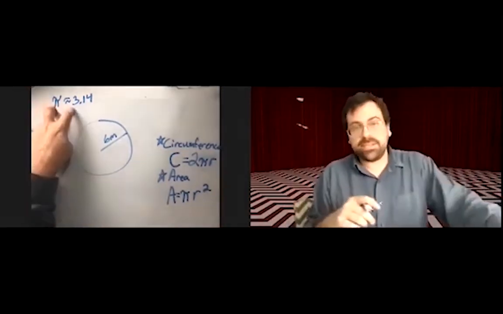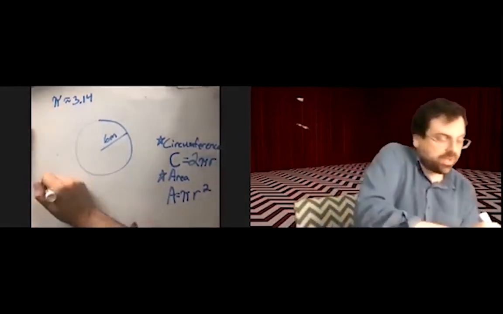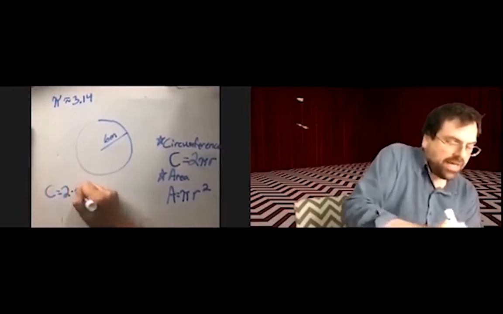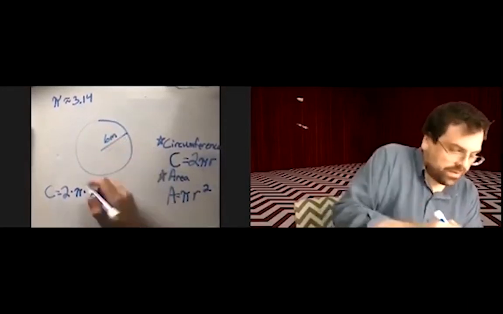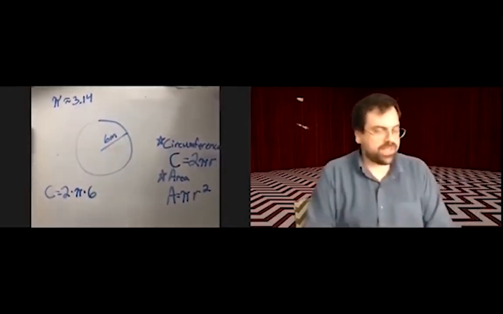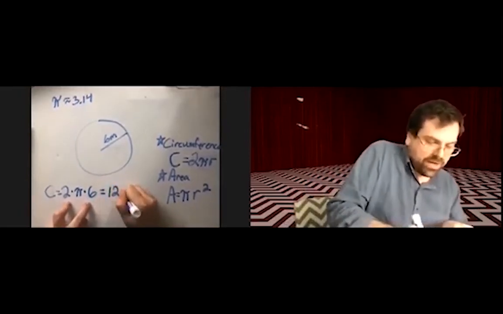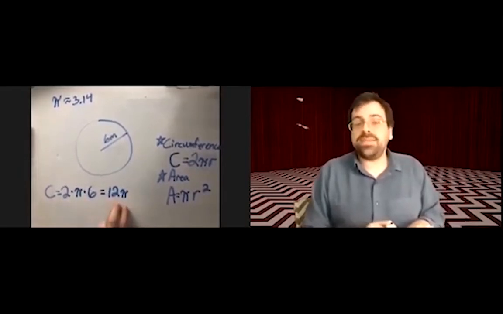Do not replace pi with 3.14. So the circumference is going to be 2 times pi times r. So 6. And 2 times 6 is 12. So we have 12 times pi. 12 pi right next to each other means times.